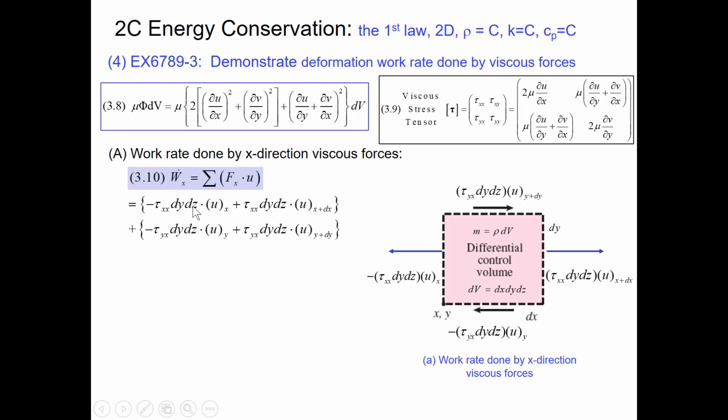It is represented by normal viscous force times velocity at x location plus normal viscous force times velocity at x plus dx location plus shear viscous force times velocity at y location plus shear viscous force times velocity at y plus dy location.